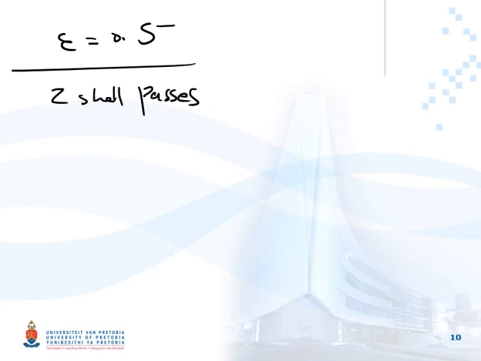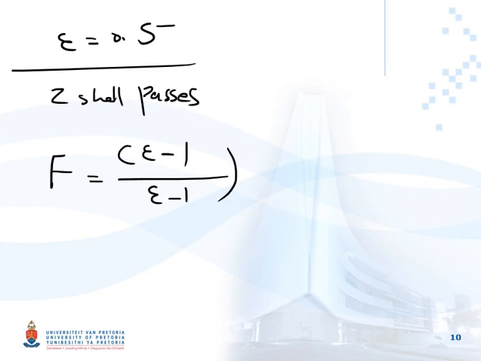Okay, so now how can we extend it for 2 shell passes and 40 tube passes? We need to use F equal to (C epsilon minus 1) over (epsilon minus 1), to the power of 0.5.